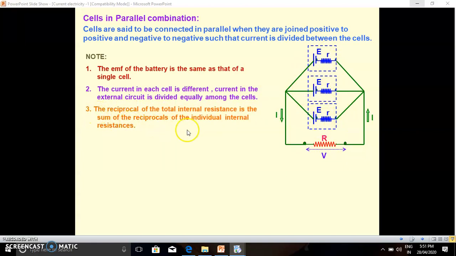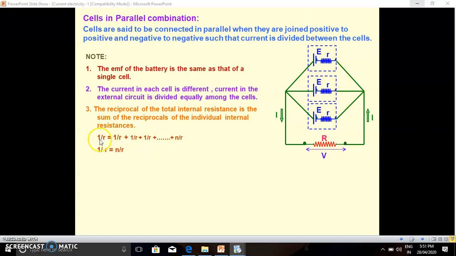Now as they are connected in parallel, we have to apply the law of parallel combination of resistances. According to the law, the reciprocal of the total internal resistance is the sum of the reciprocals of the individual internal resistances, that is 1 upon Rp is equal to 1 upon r plus 1 upon r plus 1 upon r up to n terms, because n number of cells are connected in parallel and each cell has internal resistance r.